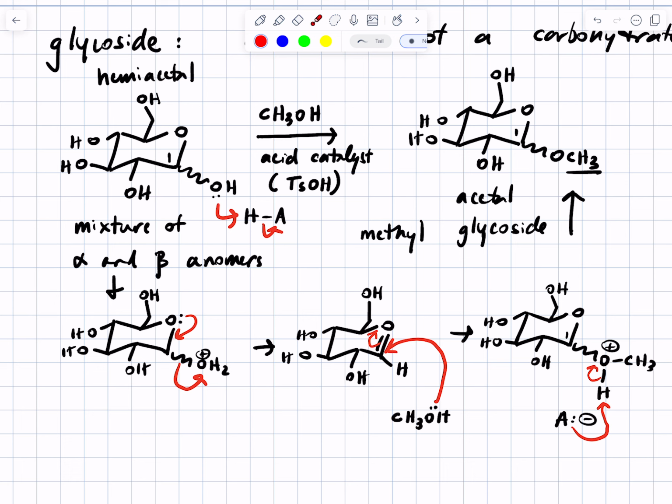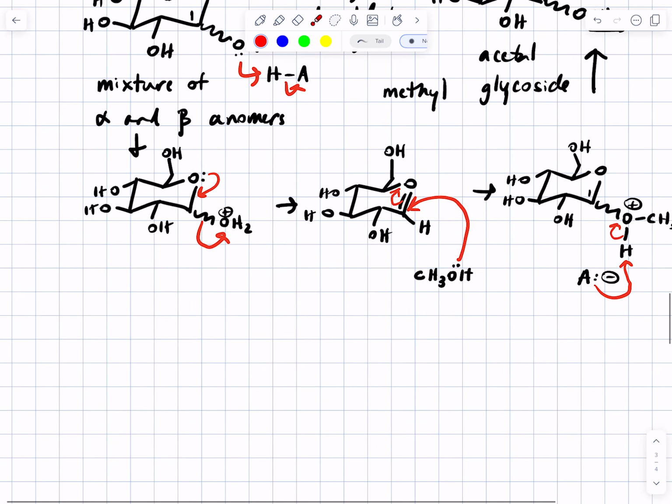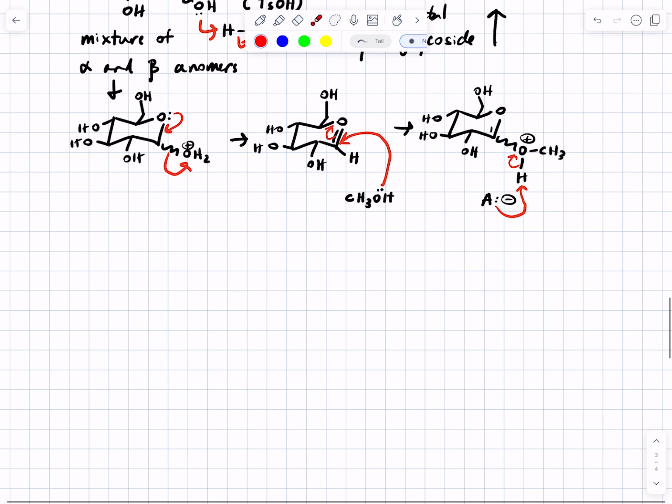So let me show you some simple glycosidic linkages from sugars that you may know about. These aren't things to memorize, but I do want you to be able to talk about the different linkages involved in these various sugars. So let's start out with dairy. So here's lactose.